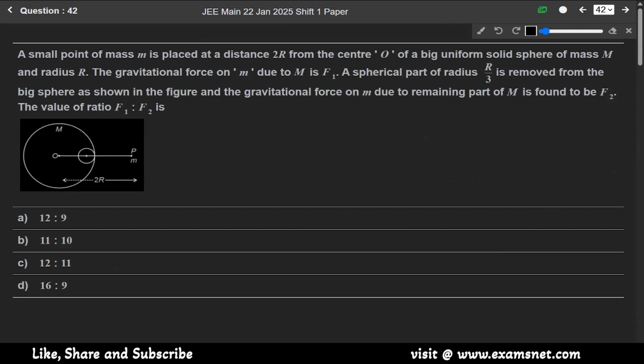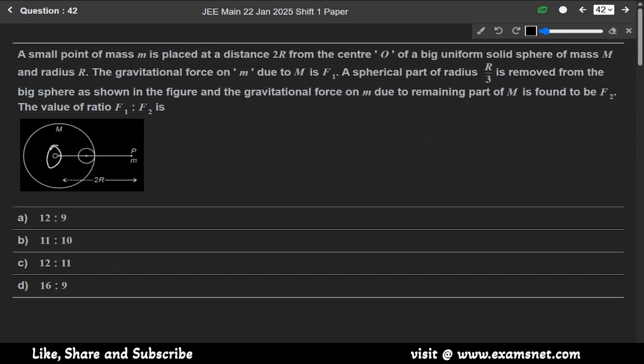A small point of mass m is placed at a distance 2r from the center O of a big uniform solid sphere of mass M and radius r. The gravitational force on m due to capital M is F1.